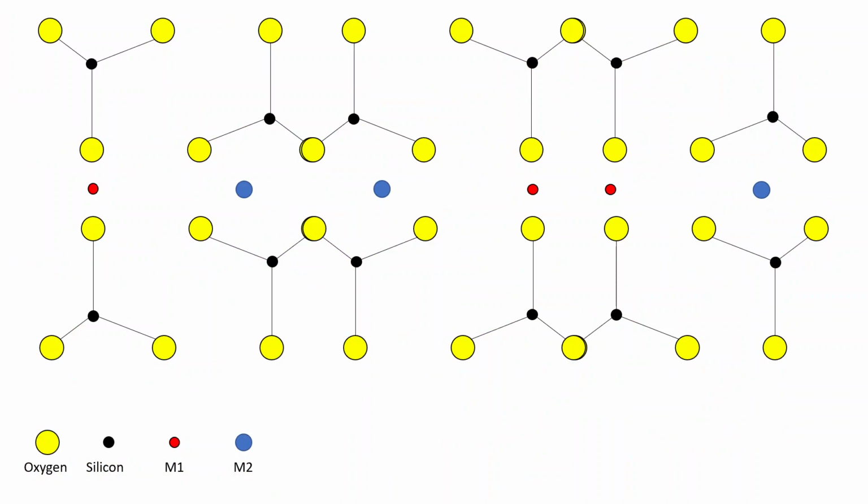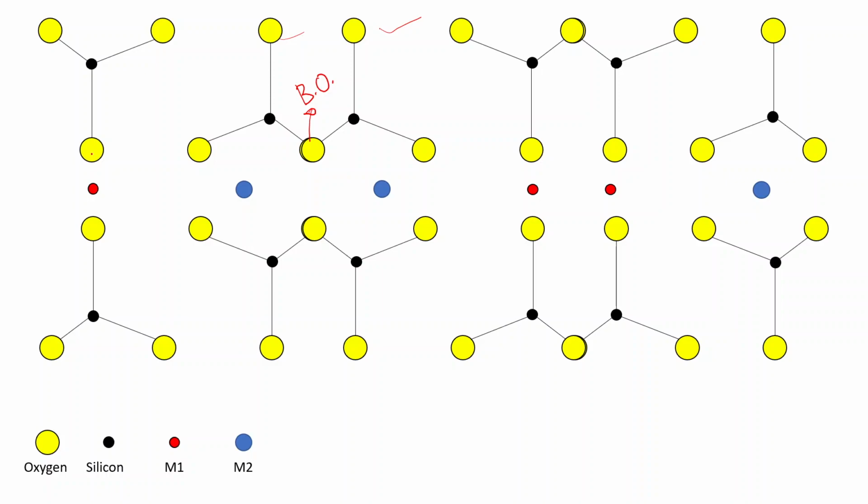So as I had just said, this is a more clear and more easy picture to draw. So here you can see that these are the repeating units of two tetrahedra, and this one is the bridging oxygen. BO is the bridging oxygen. The red color is M1.